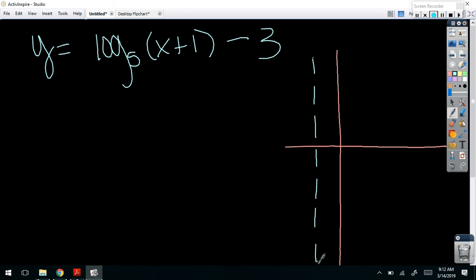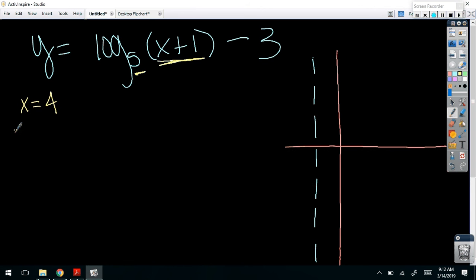I need some good X's, and this is where I was telling you. If you can make this the same as this, that's one easy point, okay? And then if you can make this be just 1, that's another easy point. So what could I let X be to force the base to be the same? 4.